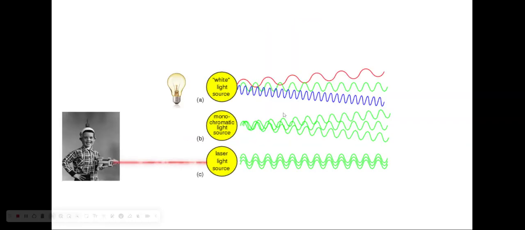Same again. Regular white light, different wavelengths. Just one type of color light, but again, the wavelengths aren't synchronized or fit together. And here's our laser. Look at how they're perfectly matched up and focused. And look at this little fella. He's pretty excited about it.